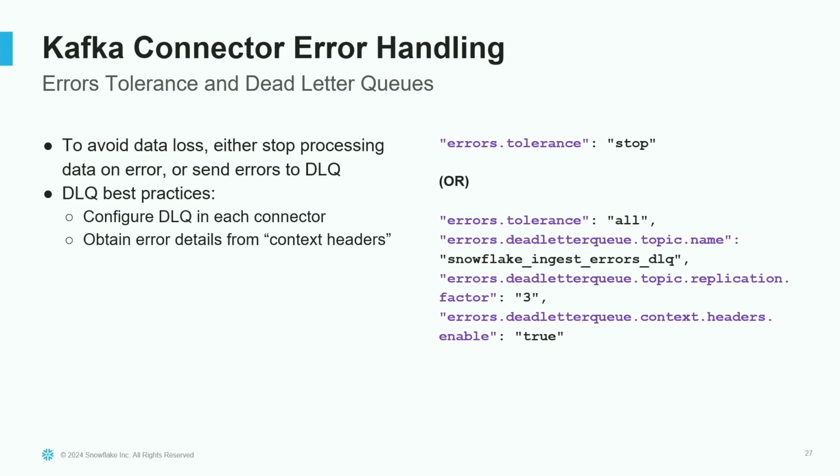It'll give you a stack trace and detailed error messages. There are different things you could do with the data in the DLQ, and you can decide how you want to act on the data based on that additional context header metadata. From a monitoring perspective, also look at your DLQ topics. If you start seeing things in a DLQ, that's bad. You probably don't want to see anything in there, to be honest.